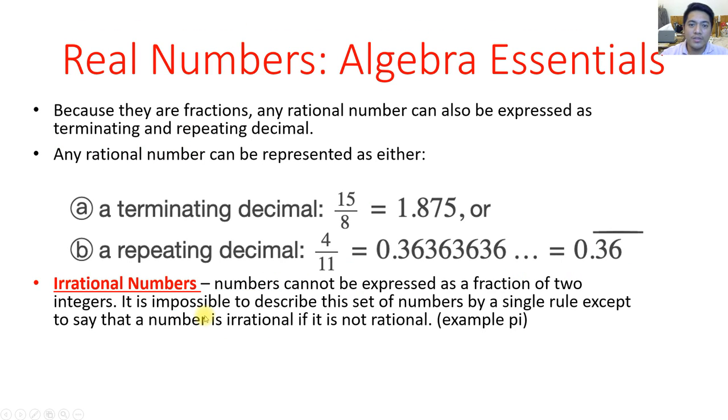Because they are fractions, any rational number can also be expressed as a terminating or repeating decimal. So we can convert fractions to decimals and decimals to fractions.